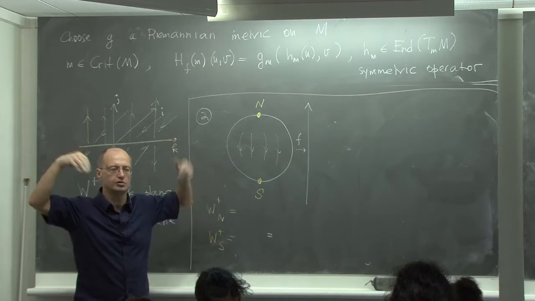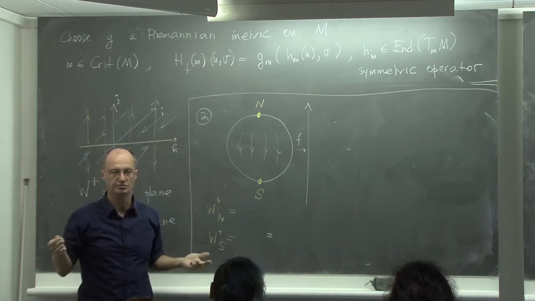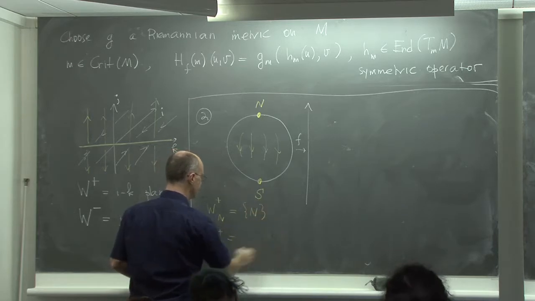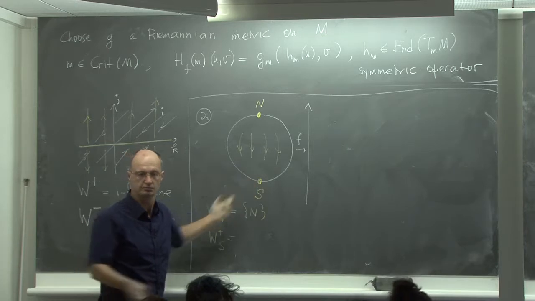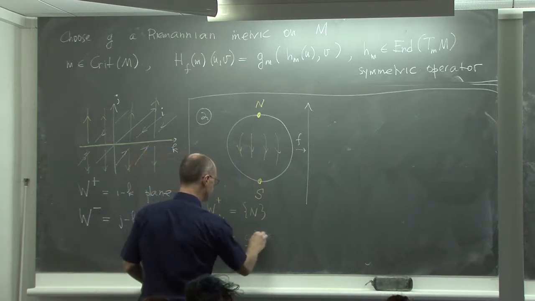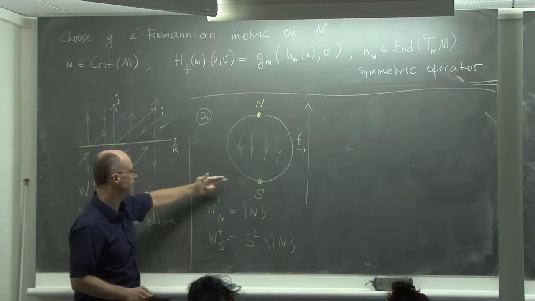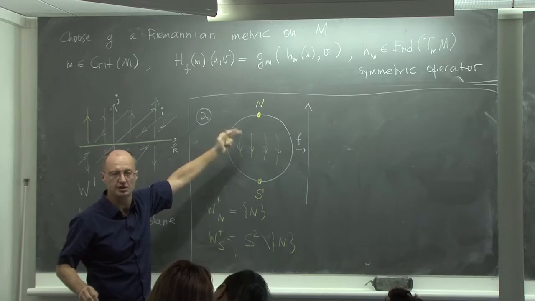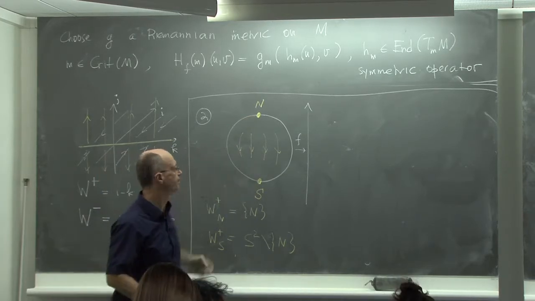What falls on the north pole if t goes to infinity? Only the north pole itself, and all the rest falls on the south pole. So that's S2. Of course, if you look at unstable submanifolds, their roles will exchange, so the south pole will be its own unstable submanifold.